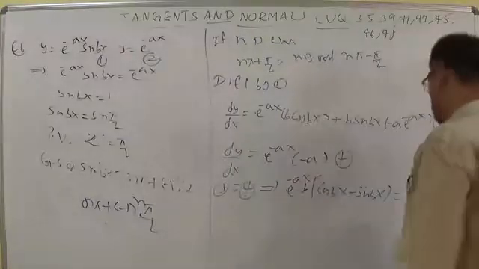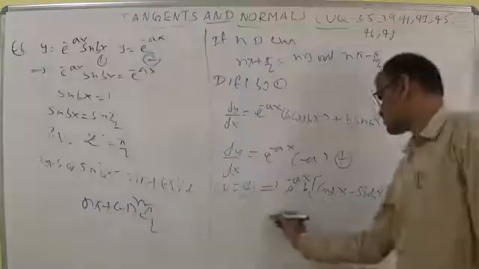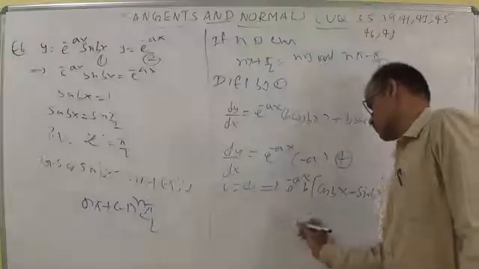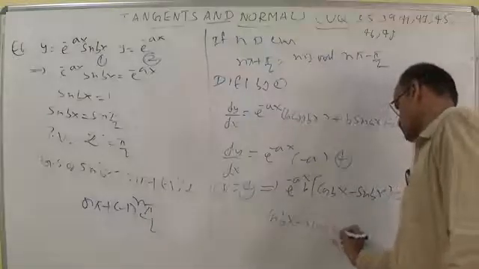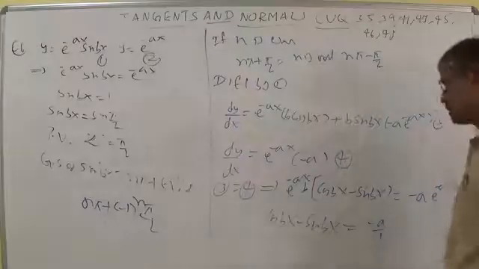The e power minus ax gets cancelled here. Minus a by b becomes cos bx minus sin bx is equal to minus a by b.